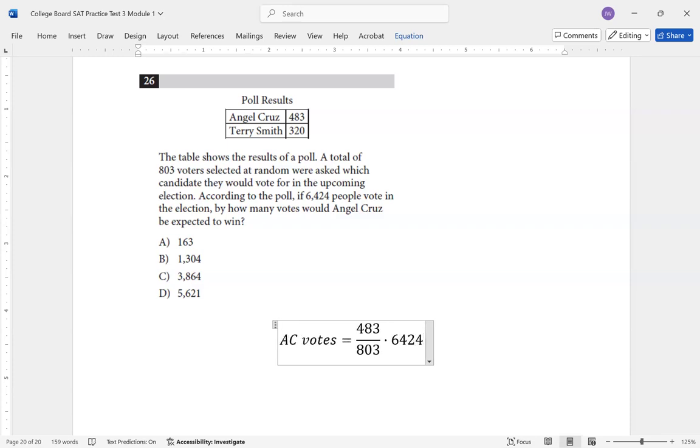The projection for Angel Cruz votes would be 3,864 if these percentages held up.